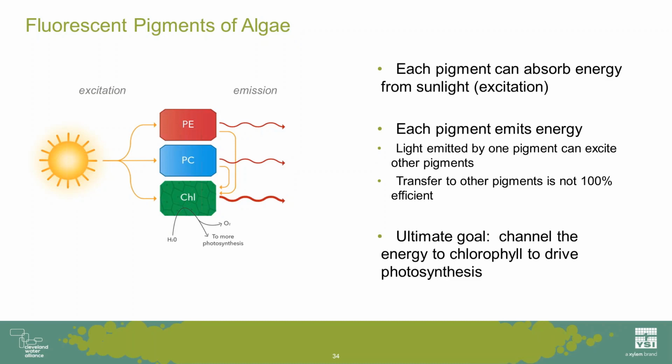Some of that energy will be lost as a specific wavelength of light that they emit. And some of the light energy they release actually is going to be absorbed by chlorophyll, which is in contact with that phycobilisome structure. So in this way, these accessory pigments, as we sometimes refer to PE and PC, channel the energy they captured to chlorophyll to drive photosynthesis.